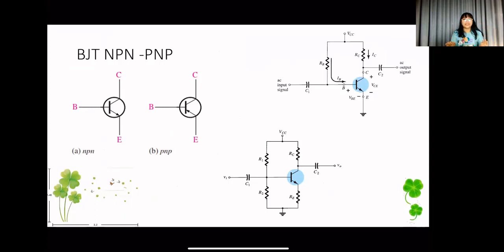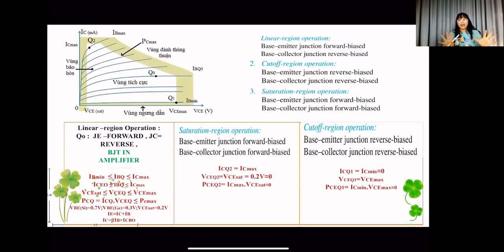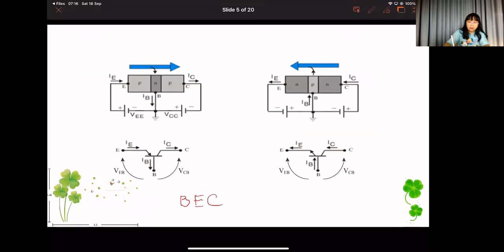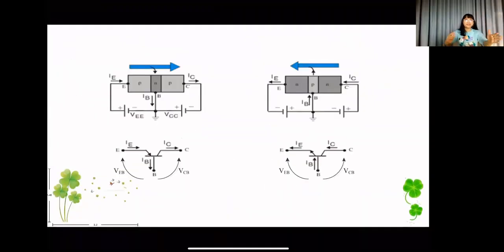We have the BJT transistor, and the transistor has three terminals, three configurations, and in each configuration we have three volt-ampere characteristics, and the volt-ampere characteristic depends on the configuration of the transistor. The three terminals of the BJT transistor mean we have three configurations.